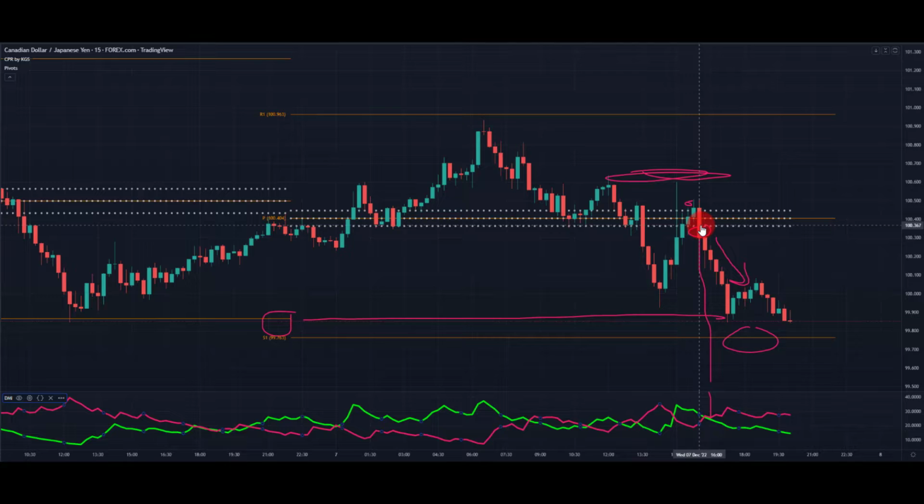Don't backfit the data. Test it over different currency pairs and markets to see how it works for you. But this is how you can use that CPR, and then remember the use of that CPR is in its support and resistance functionality. See how that price pulled back and got stuck in that zone, you know, there, didn't want to go on upwards there, and then reversed on backwards.